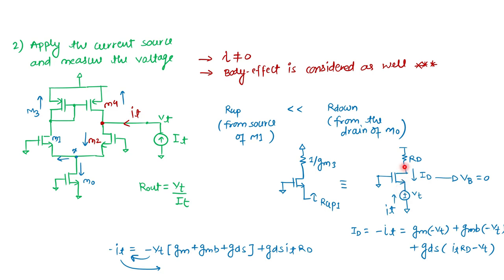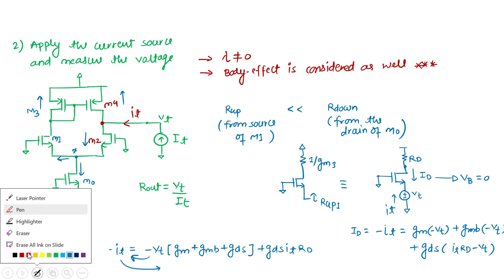So I have considered the current from drain to source of this PMOS as ID always, and in my case, with this VT test source, it is minus IT. From there, what is the first current component? I should mention this because some people might have confusion here. What is the general ID?